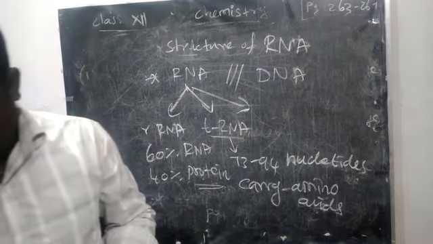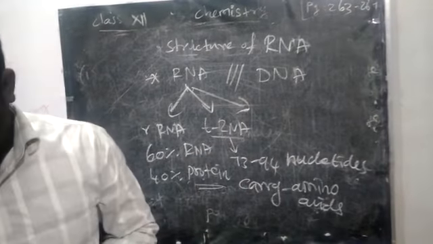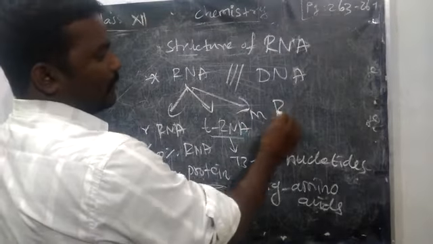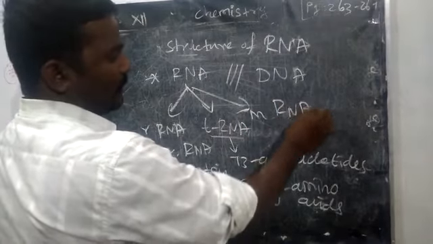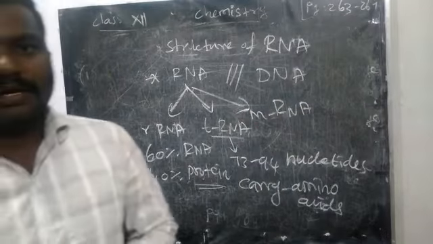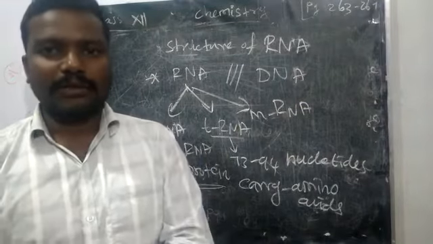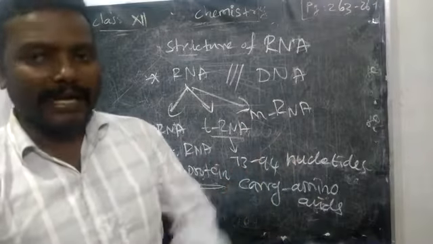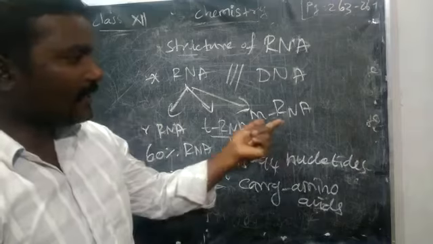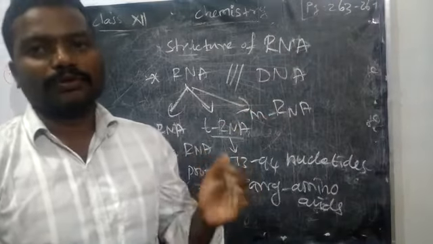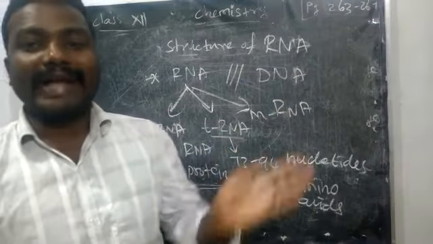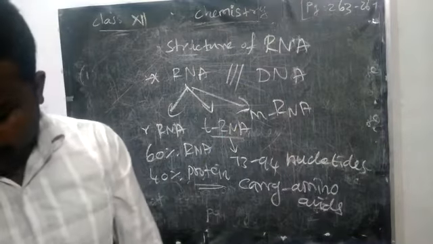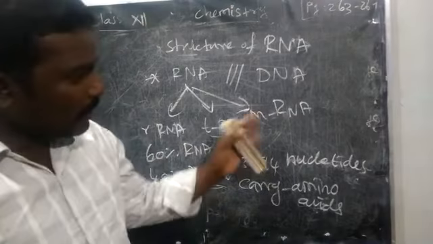So, at last we have mRNA. What do you mean by mRNA? Messenger RNA. See, this is important. Yes, our genetic characters are transferred from elder to younger, right? So here that mRNA is used to carry or transfer the genetic character. Okay, so here we have small DNA.